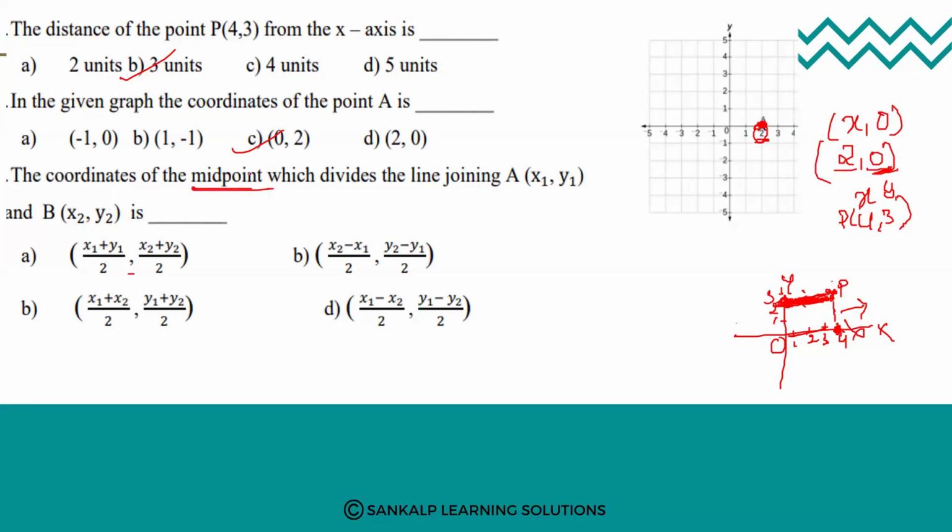Coordinates of the midpoint which divides the line joining A(x1, y1), B(x2, y2) is: x1 plus y1 divided by 2, x2 plus y2 divided by 2, or x2 minus x1 divided by 2, y2 minus y1 divided by 2, or x1 plus x2 divided by 2, y1 plus y2 divided by 2, or x1 minus x2 divided by 2, y1 minus y2 divided by 2. Yes. Which option is correct here? Option C is right. Okay. x1 plus x2 divided by 2.